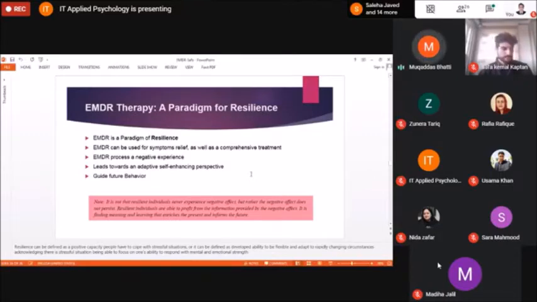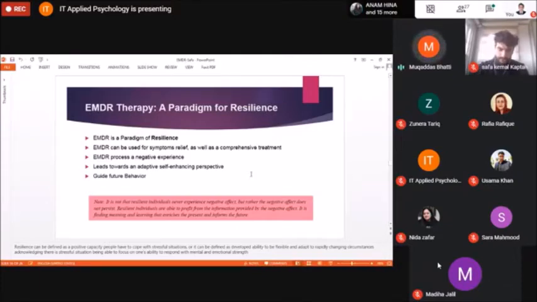So all we need to do is to learn some self-help EMDR techniques that can help us feel more in control. So when talking about the EMDR in the perspective of resilience, resilience is something that we can define as a positive capacity people have to cope with stressful situations, or it can be defined as the ability to be flexible and adapt to rapidly changing circumstances.